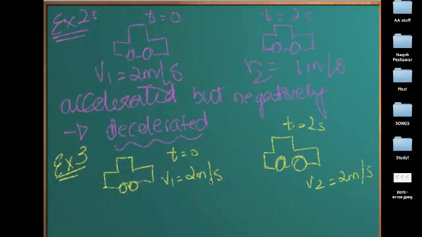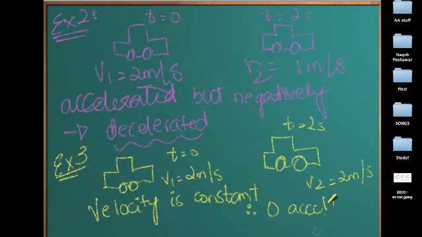So since there is no change in velocity, although the time has changed, the velocity is constant, and therefore zero acceleration or no acceleration at all. It did not accelerate. It was moving at a constant velocity. It kept moving at that velocity. It did not accelerate and reach a greater velocity. So this is the example. These are the three cases that we will be seeing for now.